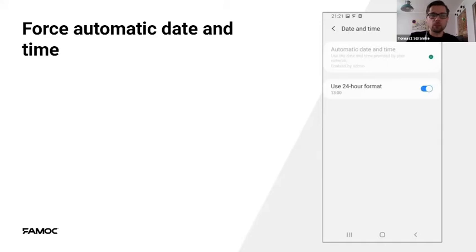So for example, I will lose access to the company network or some company network resources, something like that. So here in the policy settings, I can set to force the automatic date and time, and then I will not be able to change that on the device.